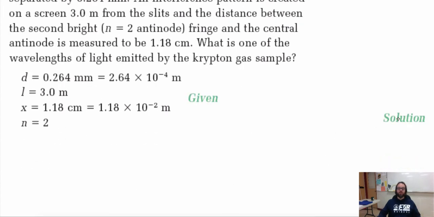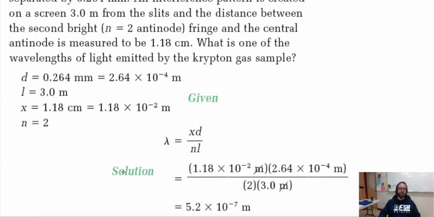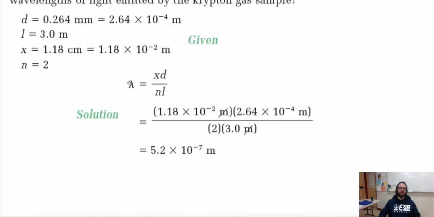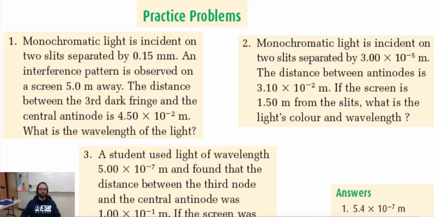So using that, we're going to use the formula we just learned today: the wavelength is equal to the distance between the central node and the node we want, multiplied by the distance between my slits, divided by the number of nodes and also divided by L. Altogether, when we do our unit cancellation, we're left with only meters, which gives a wavelength of 5.2 times 10 to the negative 7 meters.